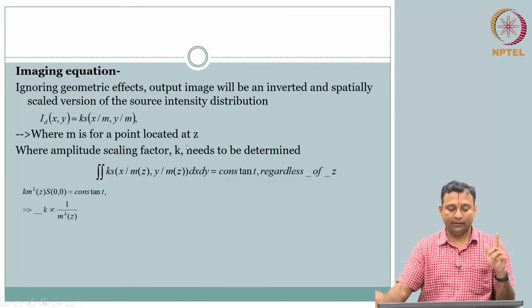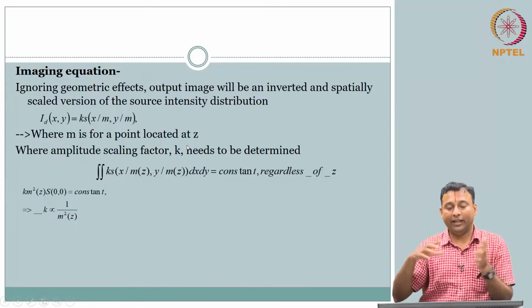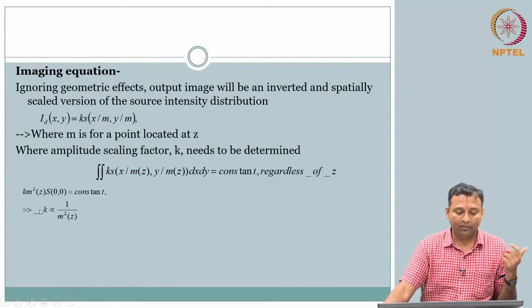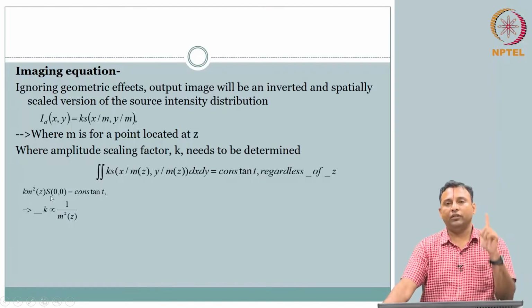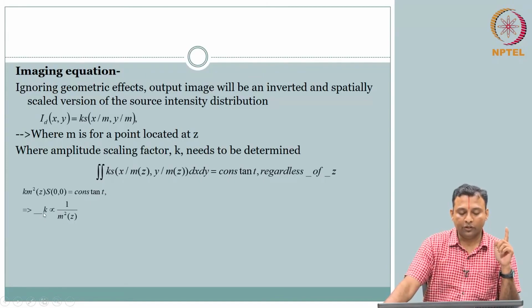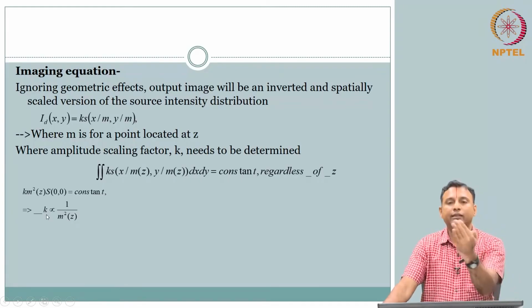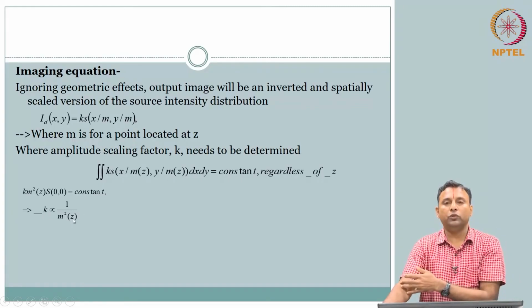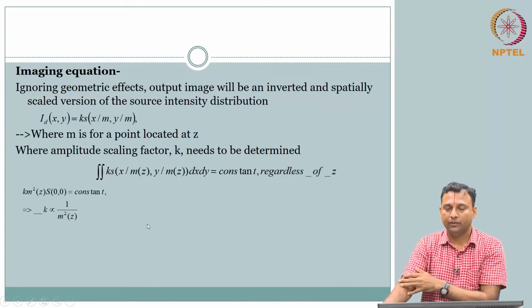So if that is in the spatial domain, right, by Parseval's, you can take the Fourier domain, and this has to be a constant, right: k m square z of your s of z should be a constant. So you can see that your k is inversely proportional to the square of your magnification.